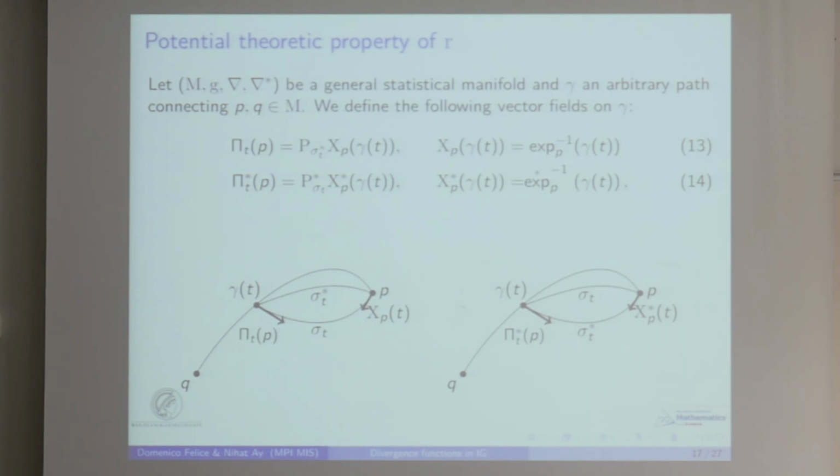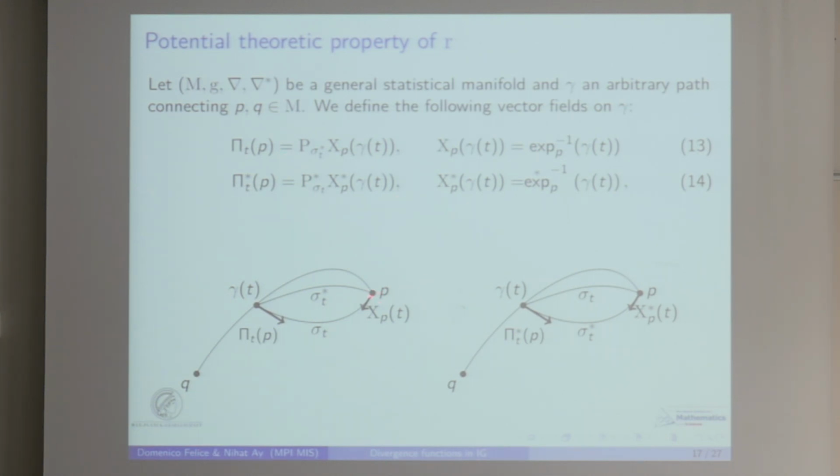Now let us address the definition of the new canonical divergence. Consider any curve from Q to P. We can attach to each point of this curve the vector field pi t P. It is defined in this way.